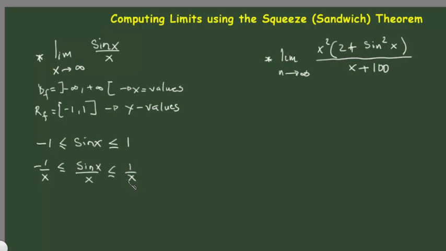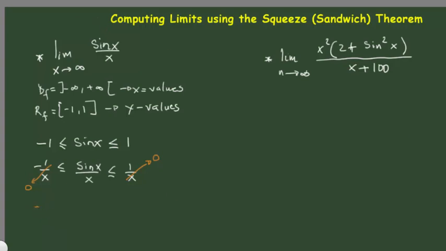This one is really going to tend to 0, and this one also tending to 0. And by using the squeeze theorem or sandwich theorem, we know that if the limits of the outside functions are equal, then of course the limit of the inside function will take the value of those outside functions.